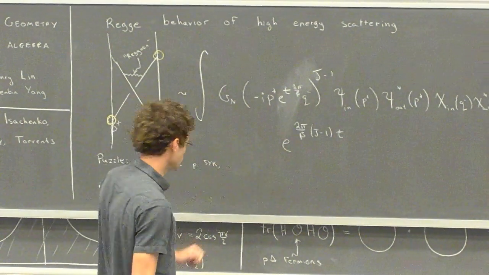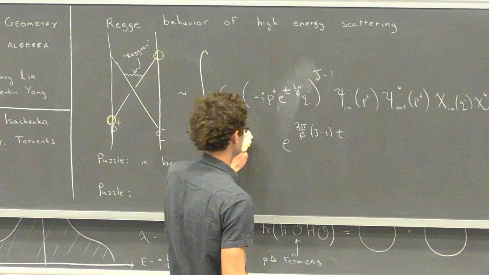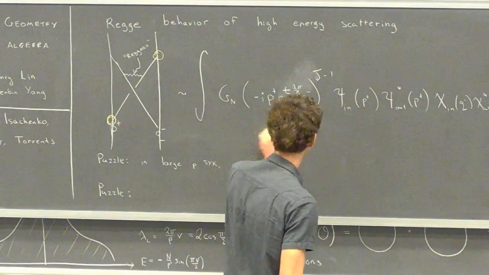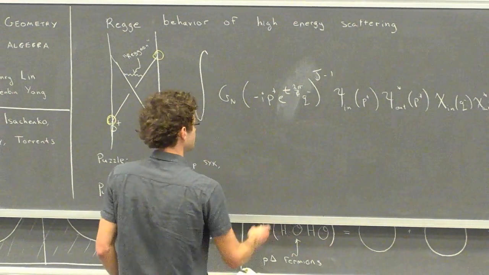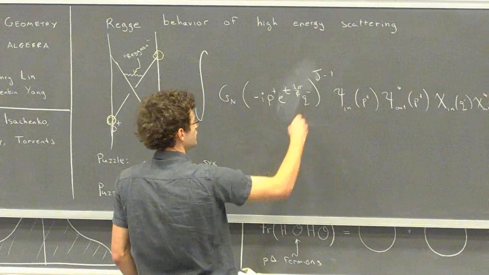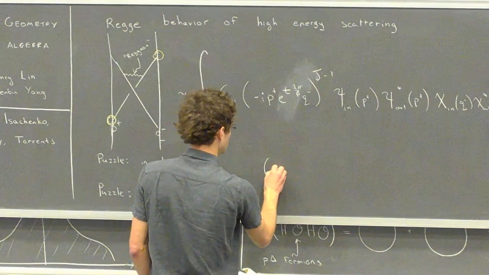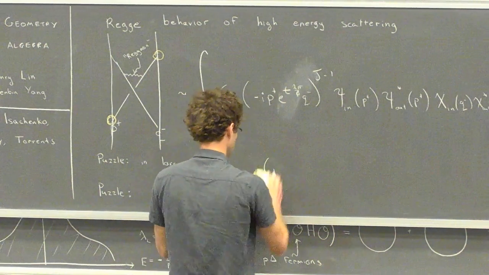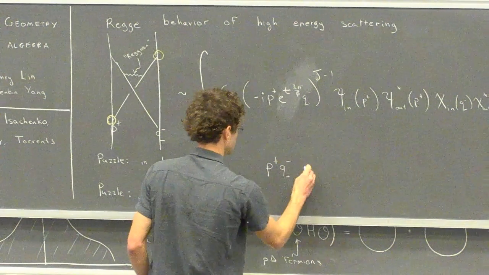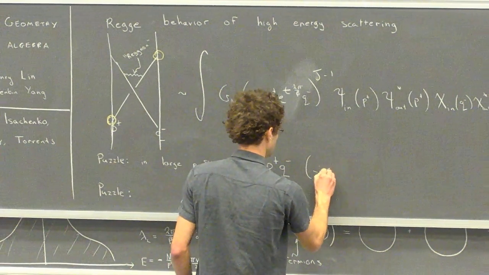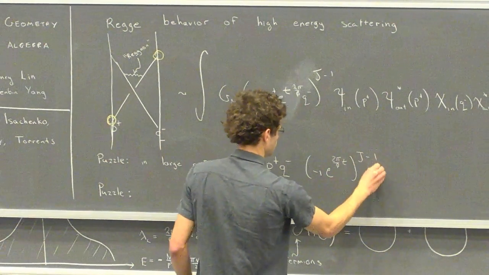And I can mention one of the puzzles here, which is that in the large P SYK model, we get a similar formula, very similar to this, except that instead of this factor here, we get something that looks like P plus Q minus times minus i e to the 2 pi over beta t to the j minus 1.